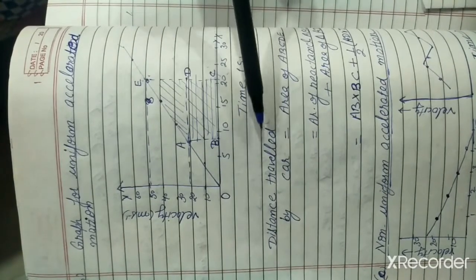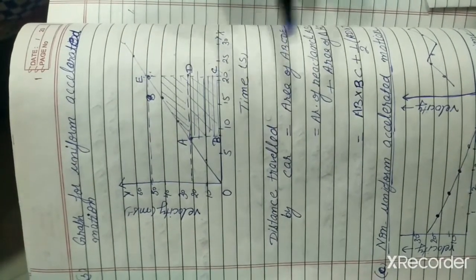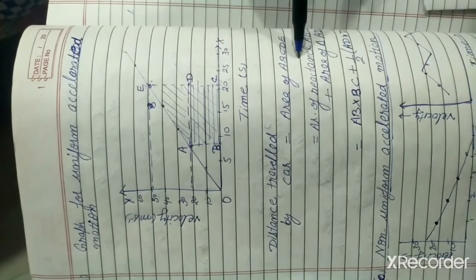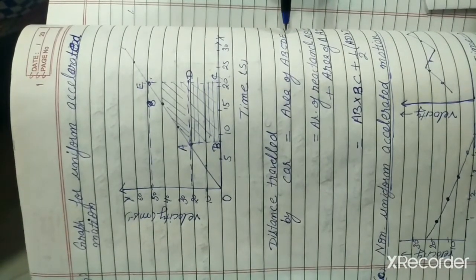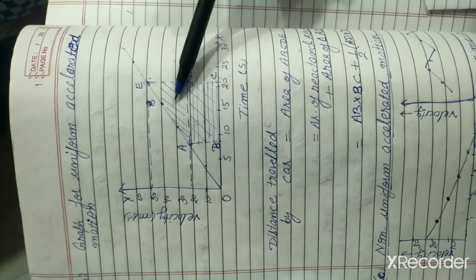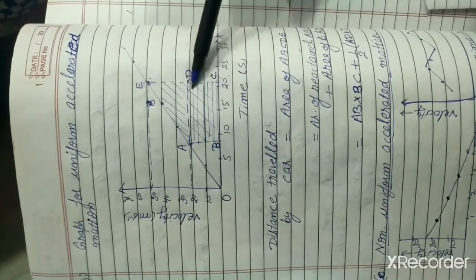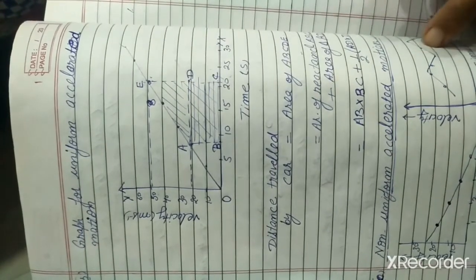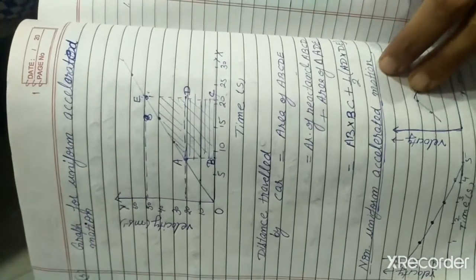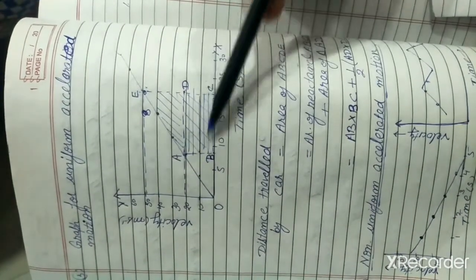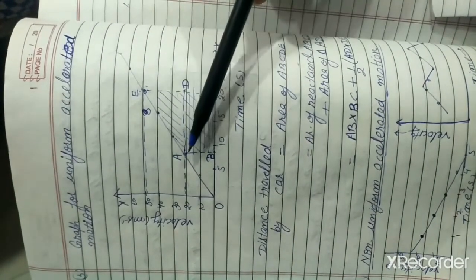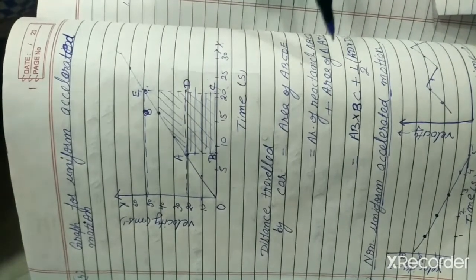So the distance traveled by the car is equal to the area ABCDE. Here one part is a triangle and another is a rectangle. So we can write it as area of rectangle ABCD plus area of triangle ADE.